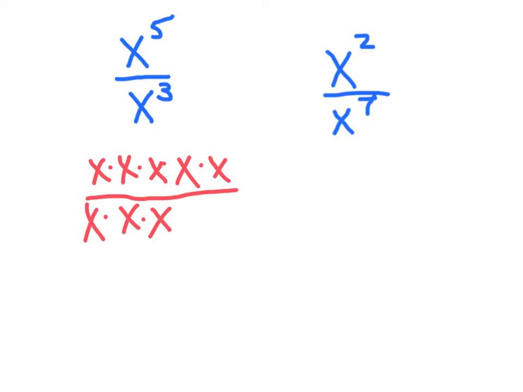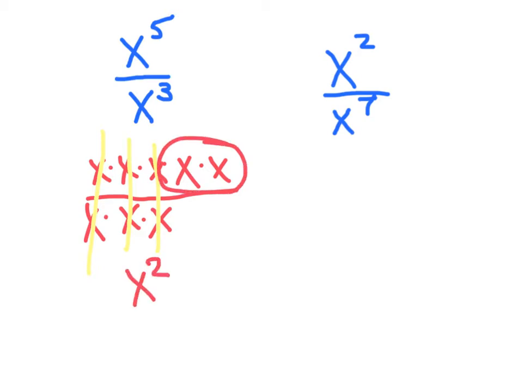Now, any number divided by itself cancels. So x divided by x cancels, cancels, and cancels. So after that, we are left with simply x times x right here, which is x squared.